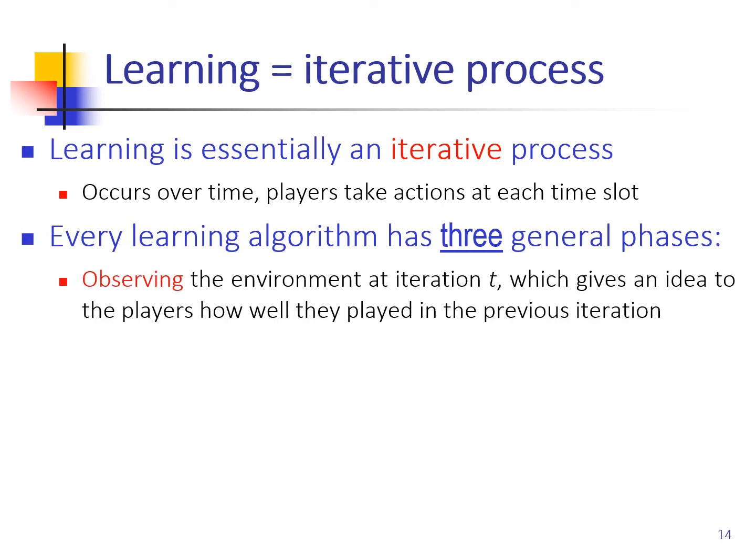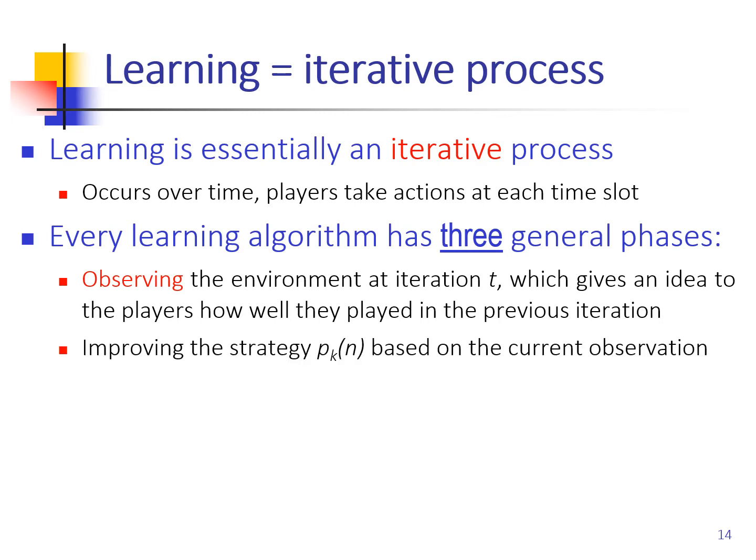First, the agent needs to observe the environment at a given time t, which will give it an idea of how well the player has played in the previous iteration. Then, based on the current observation, the agent will take a strategy p_k^n, where n corresponds to the time and k is the player index. Then it will select an action a_k^n according to strategy p_k^n.